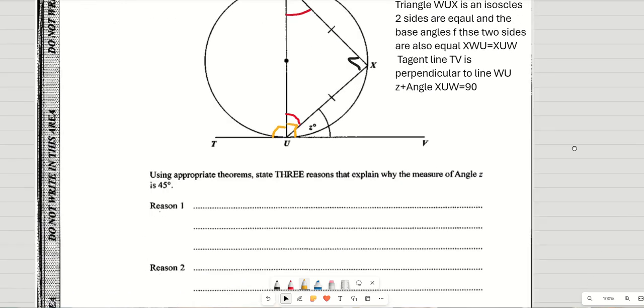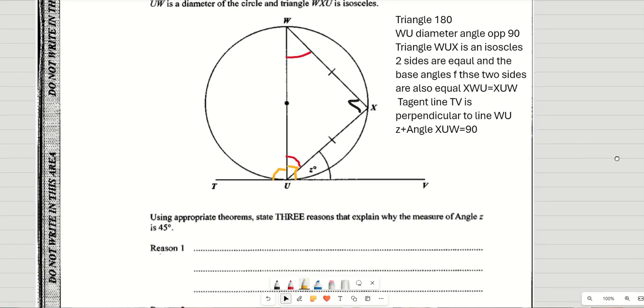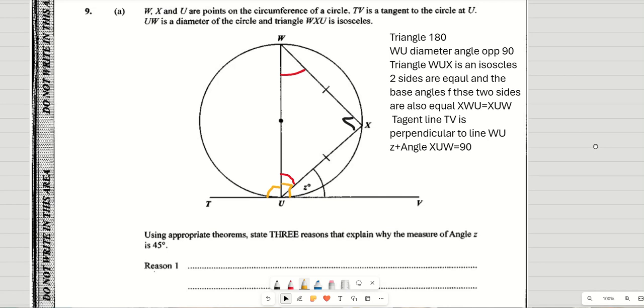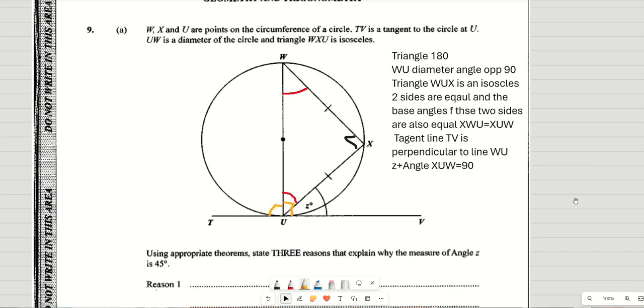So they said, using appropriate theorems, state the 3 reasons why the measured angle here, Z, is 45. So let's just solve it very quickly and then we'll put the 3 reasons.